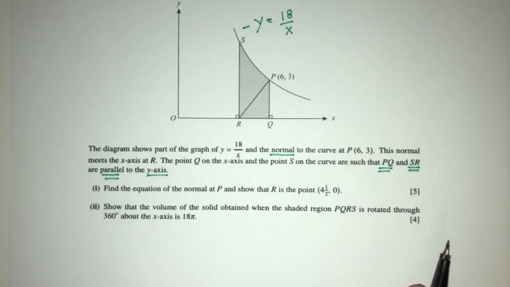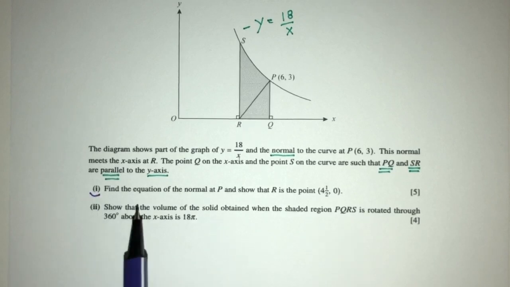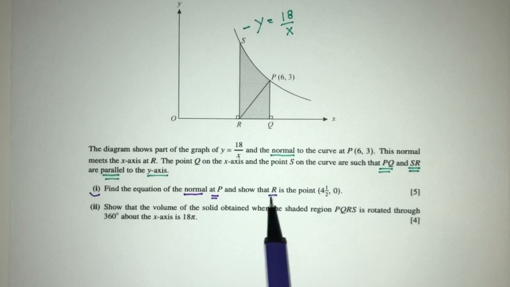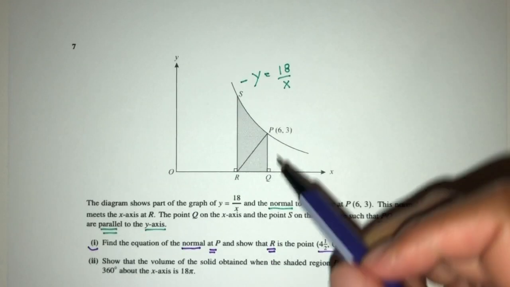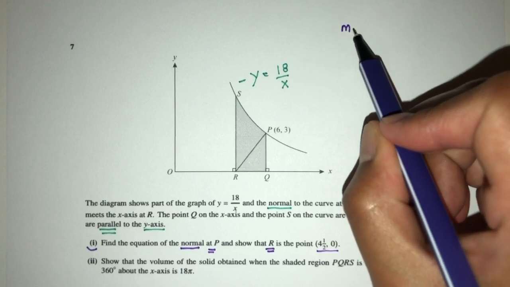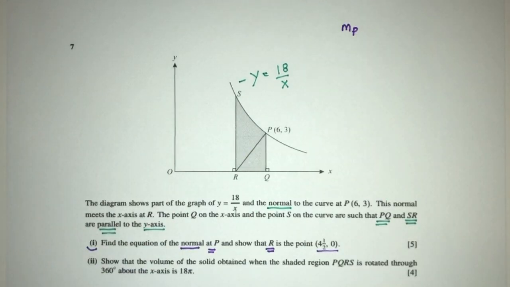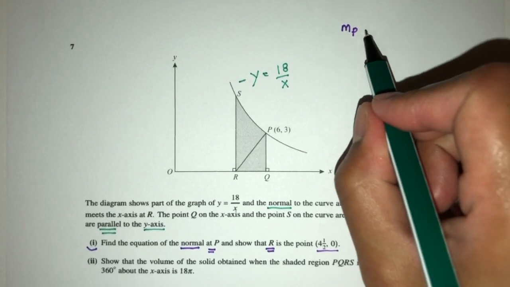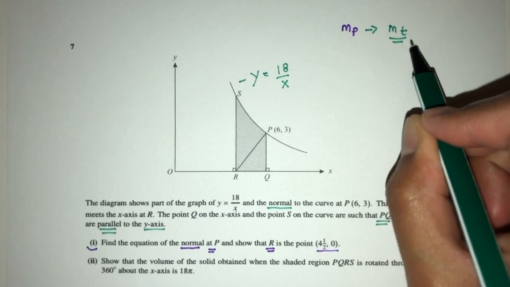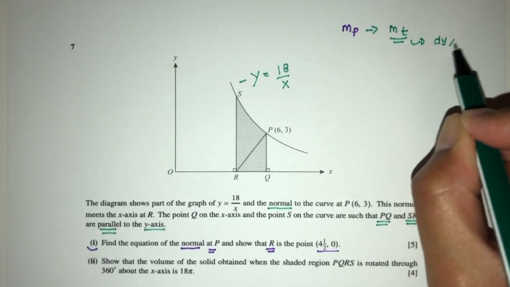Okay, now part 1, we have to find the equation of the normal at P, and show that R is the point S. So pretty easy. To find the equation of a straight line, we must first find the gradient. Because it is a perpendicular line, we will first have to find the gradient of the tangent, which is also called dy by dx.